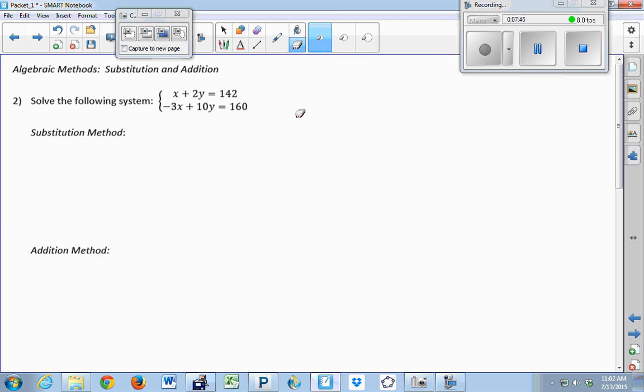One method is called substitution, and the idea behind substitution is you solve for one of your variables in terms of the other. That's the language we use.